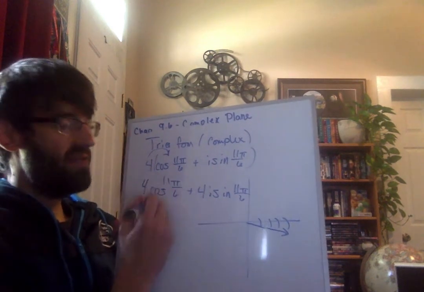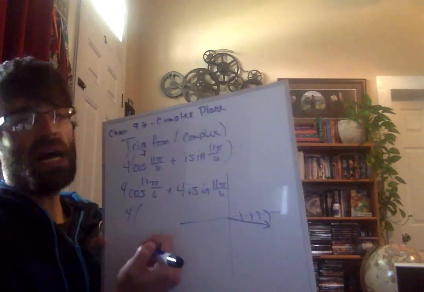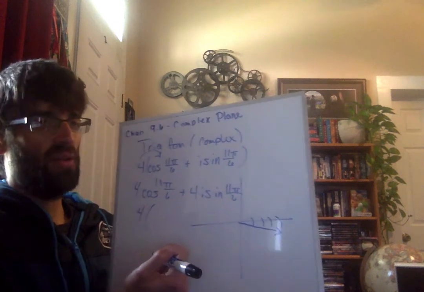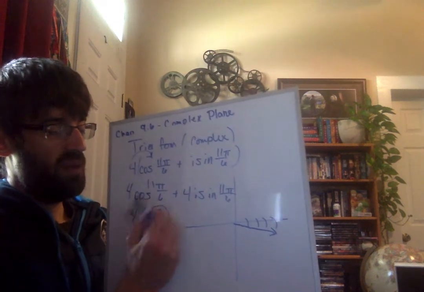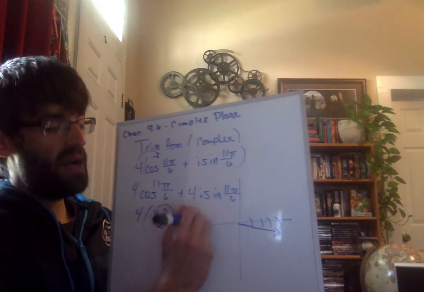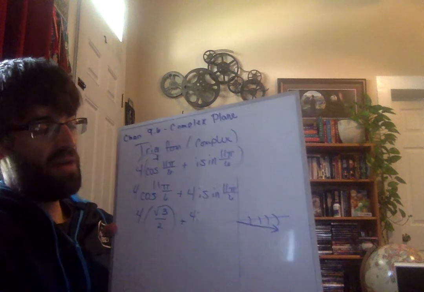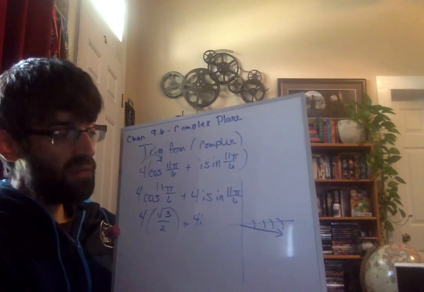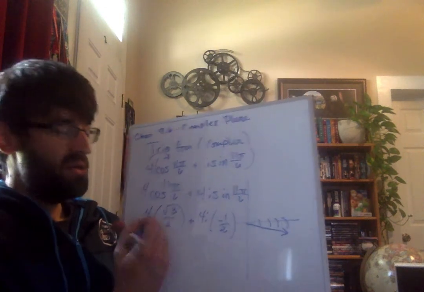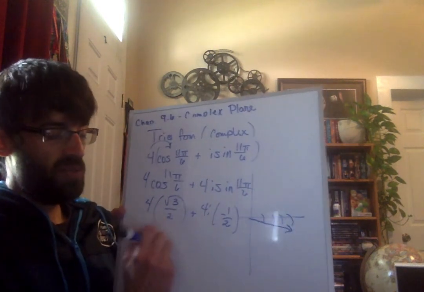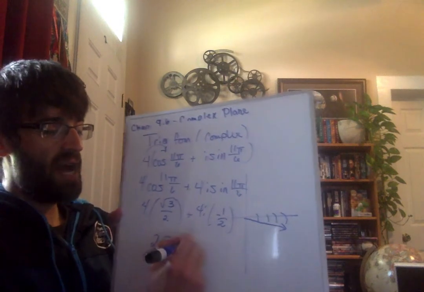So cosine of 11 pi over 6 is going to be, cosine's positive in quadrant 4 with a reference angle of 30 degrees, so that's going to be the square root of 3 over 2. Plus for I, the sine of 11 pi over 6 is going to be -1/2. So my answer would be 2 square root of 3 plus, or actually minus 2i.